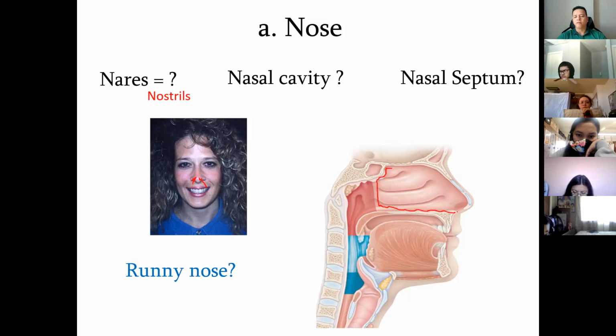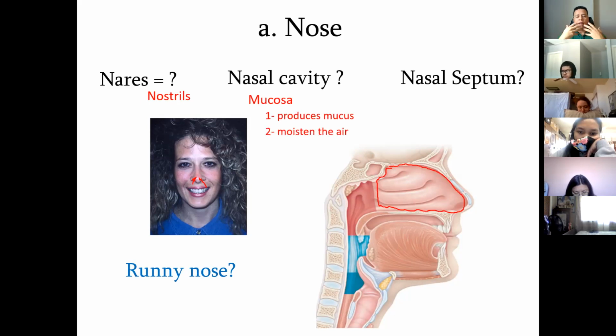And the walls of the nasal cavity are lined with a mucous membrane. As a mucous membrane, this membrane produces mucus, the fluid, and the function of the mucus is to moisten the air.